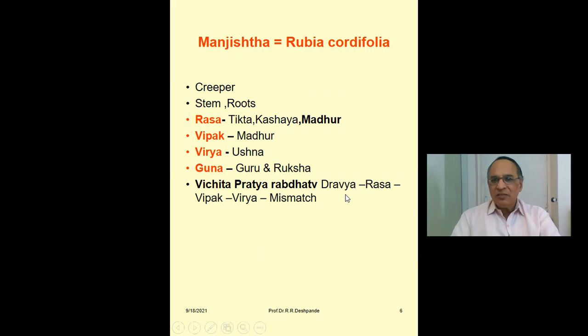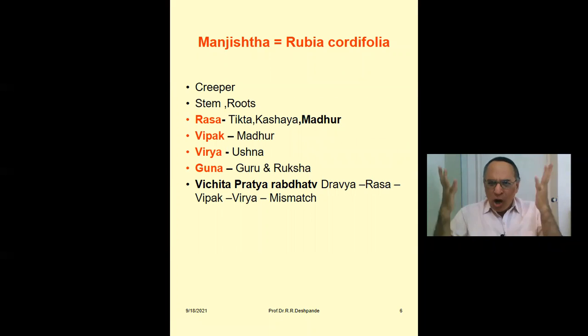Vichitra Pratyarabdhatva dravya: I have discussed this topic many times. There are two types of plants, Samana Pratyarabdhatva and Vichitra Pratyarabdhatva. When Rasa, Virya and Vipaka are mismatching, they are called Vichitra. Here Rasa is Madhura and Vipaka is Madhura; what do we expect? Madhura, Madhura, Shita. But this is Madhura, Madhura, Ushna: sweet, sweet, hot.